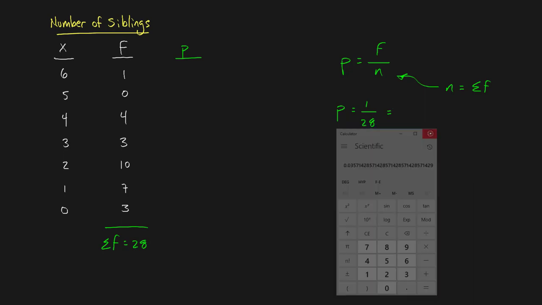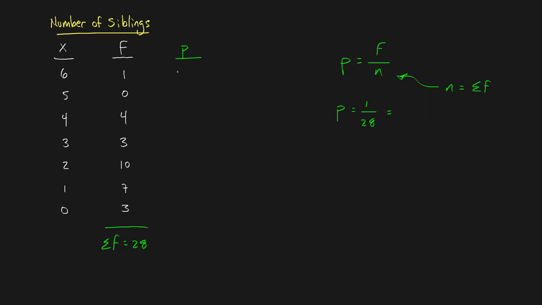0.0357. I'll go to 4 decimal places. Now, a proportion is always measured between 0 and 1.0.